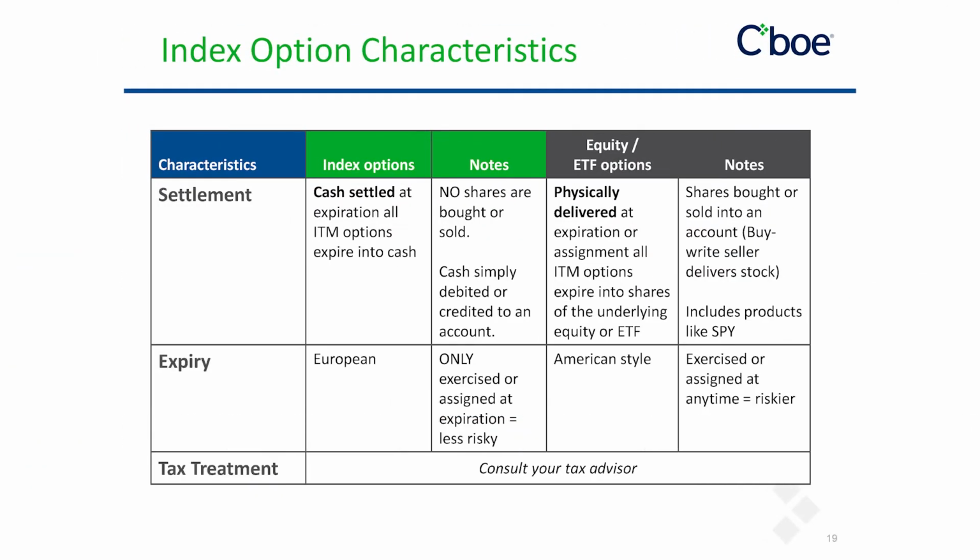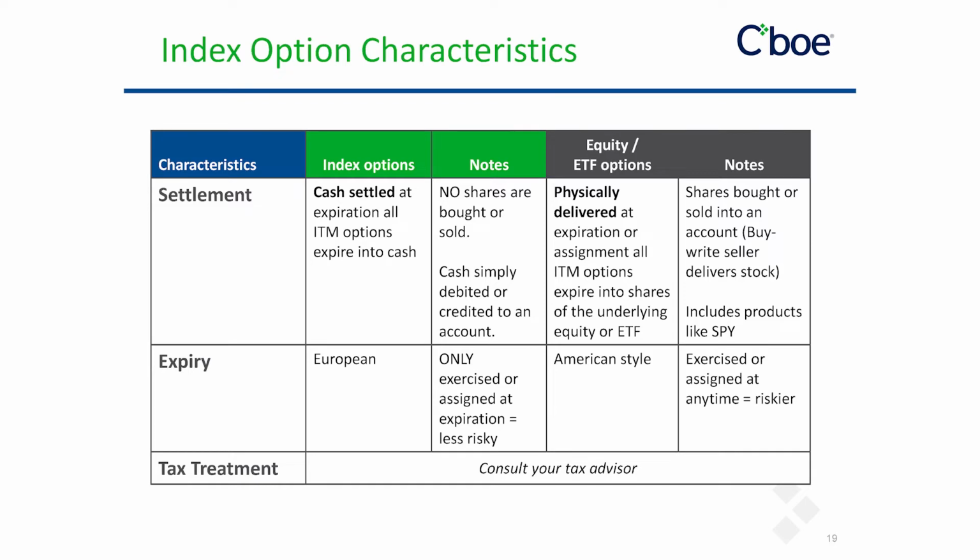All right, moving on. There are a couple of key differences between index options like SPX and equity or ETF options like SPY. The implications for end users can be meaningful, and understanding those differences allows advisors and their clients to make the most informed choice when it comes to the right product. There are 3 important distinctions, and we'll explain each of them. 1.